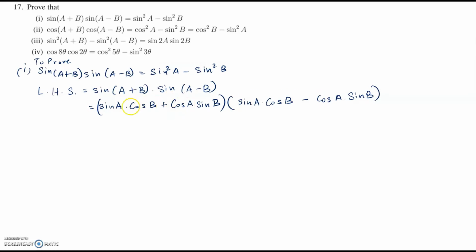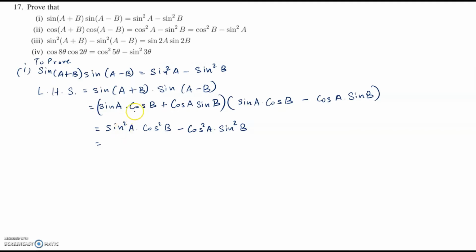So multiplying this is like (a+b) into (a-b), so it will be a squared minus b squared. So it's sin squared a into cos squared b minus cos squared a into sin squared b.